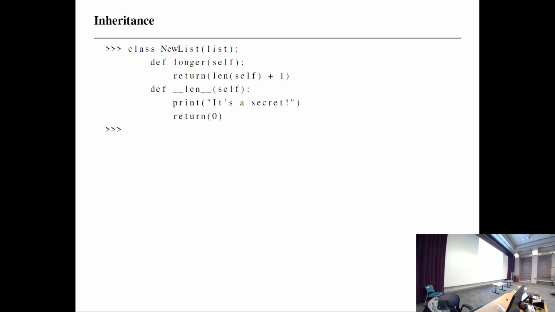Same class, specializes list. I'm going to keep the longer method, but I'm going to create a new method called __len__ self. This method prints out "it's a secret" and then returns 0. Now, you've seen these underscore methods and names before.